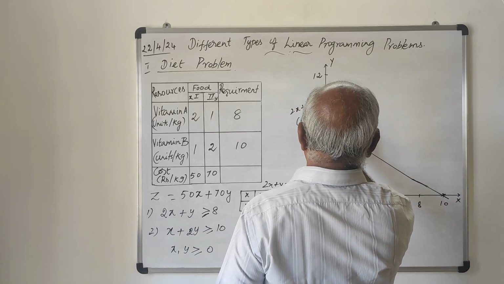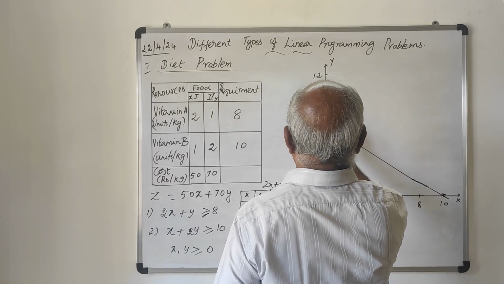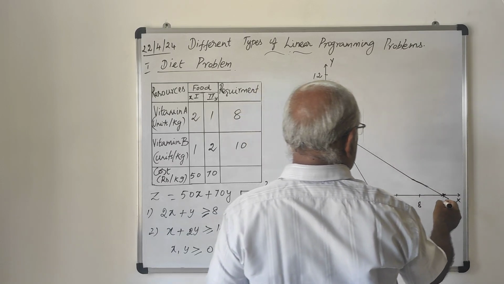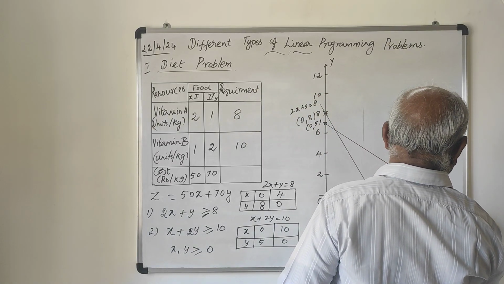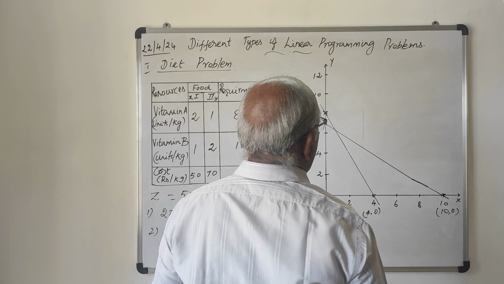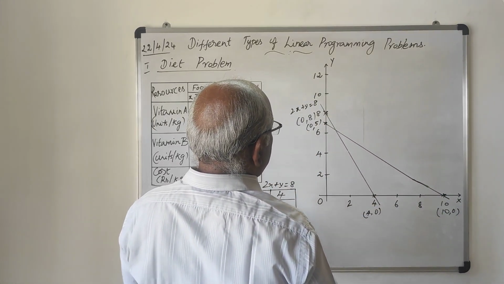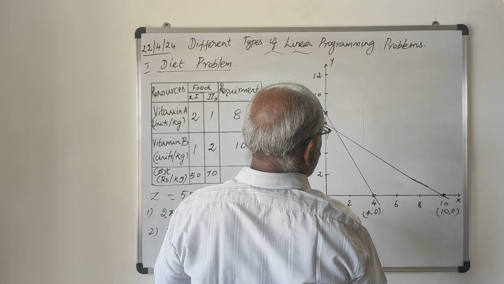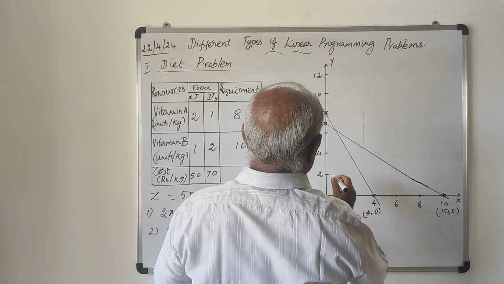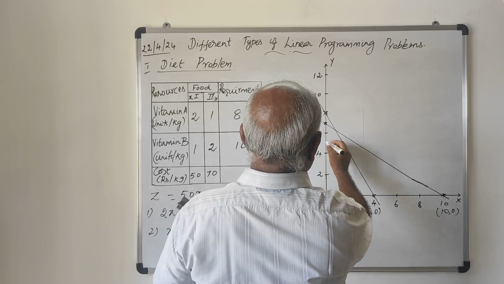The equation, this point is 0, 5, and this is 10, 0. Sorry, this is 5.